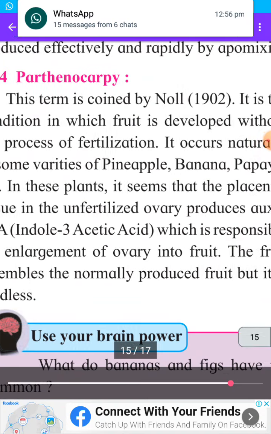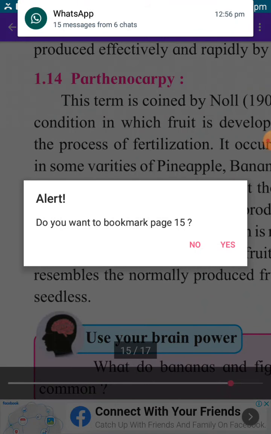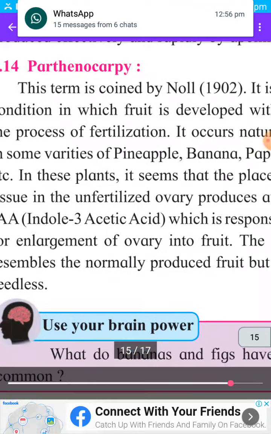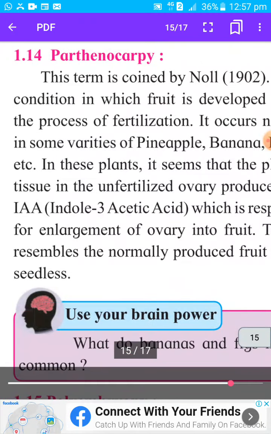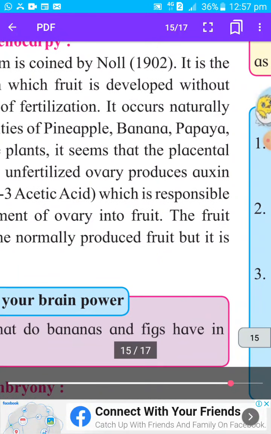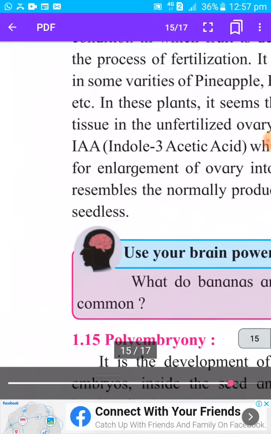In these plants, it seems that the placental tissue in the unfertilized ovary produces auxin IAA, means indole-3-acetic acid. It is a hormone you have studied last year. Due to this hormone, the ovary, though unfertilized, is converted into fruit.